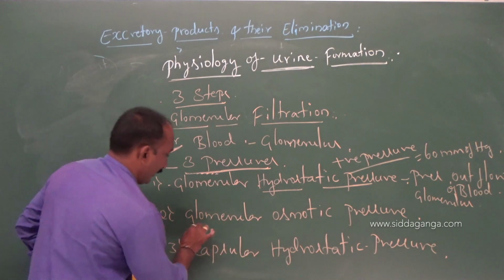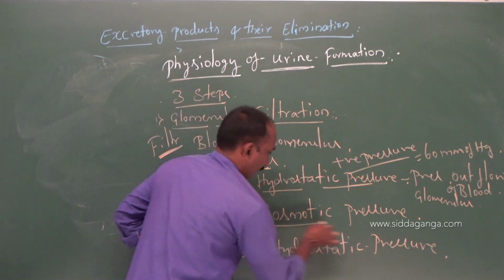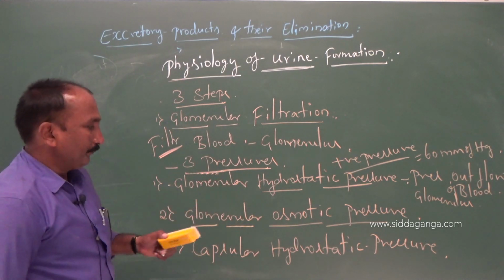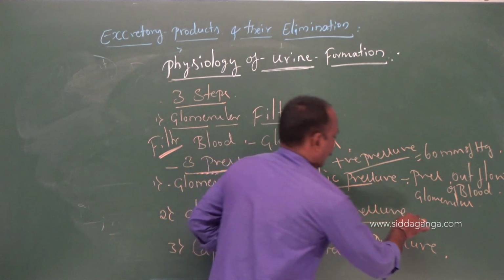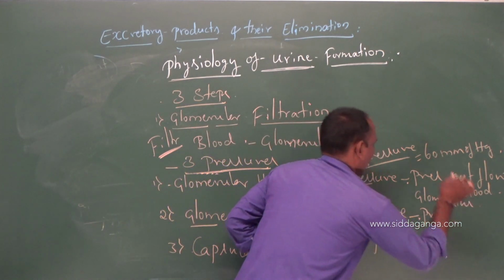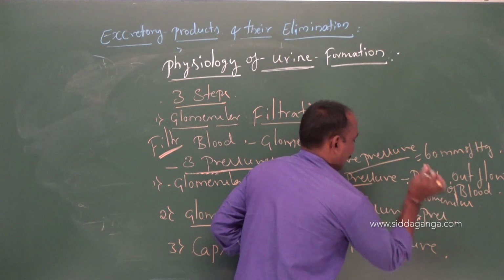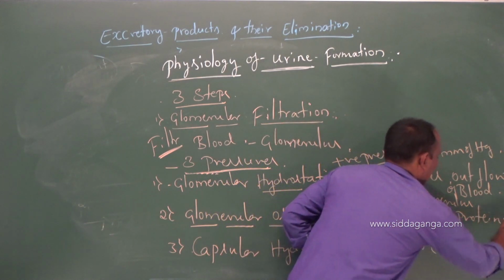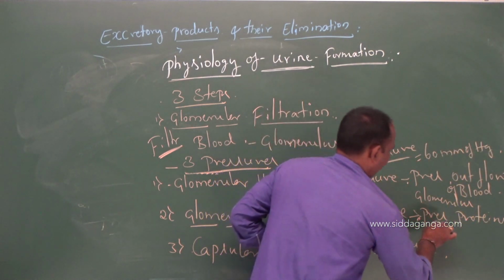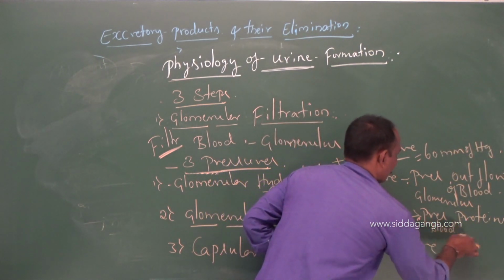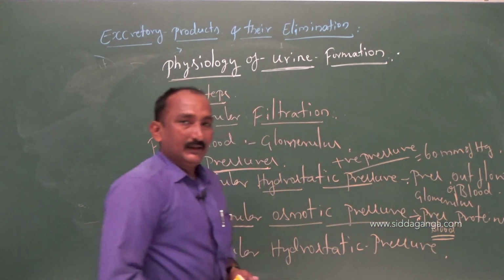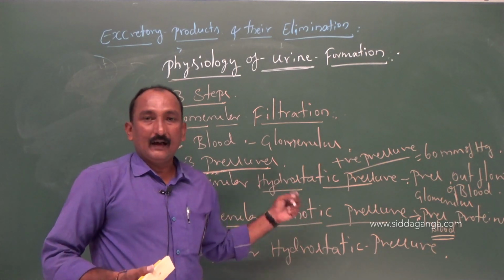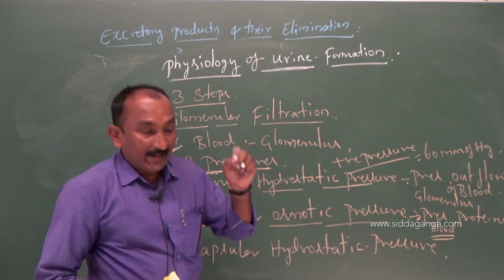While glomerular osmotic pressure, what is this? It is the pressure exerted by the proteins present within the blood. Such blood proteins are also involved in exerting pressure.